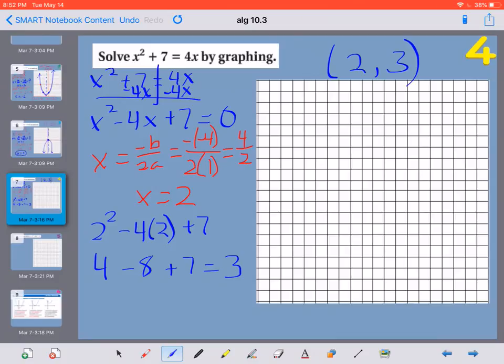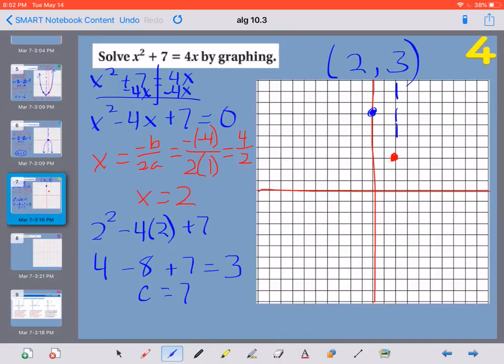So if I draw my graph then, 2, 3 is at 2, up 1, 2, 3. I know my c is 7, so I know my y-intercept is at 7. So 1, 2, 3, 4, 5, 6, 7.